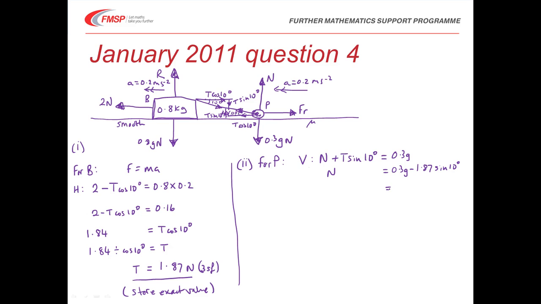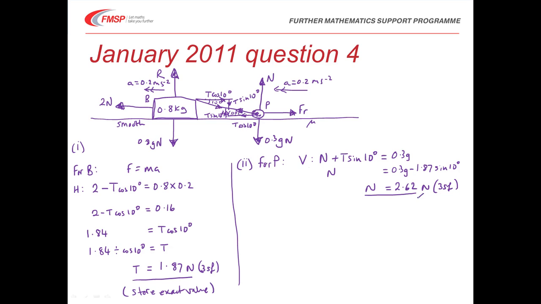So everything on the right hand side can be calculated, and it gives me a value for N of 2.615, etc. Well, it's 2.62 newtons to 3 significant figures. Again, don't be confused by the use of N for the normal contact force and N for newtons.